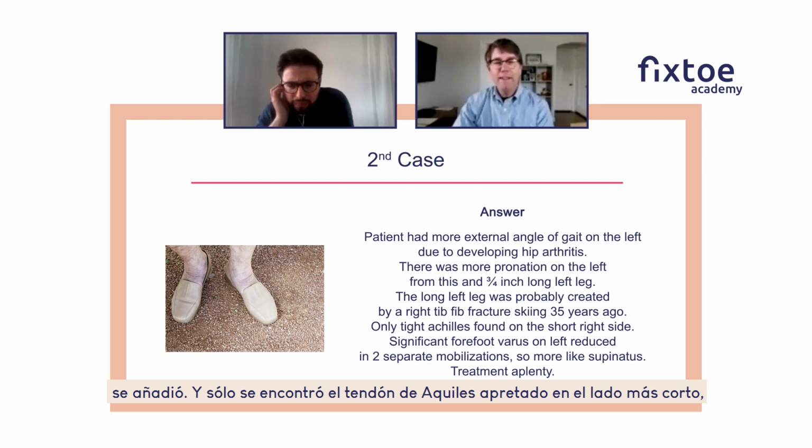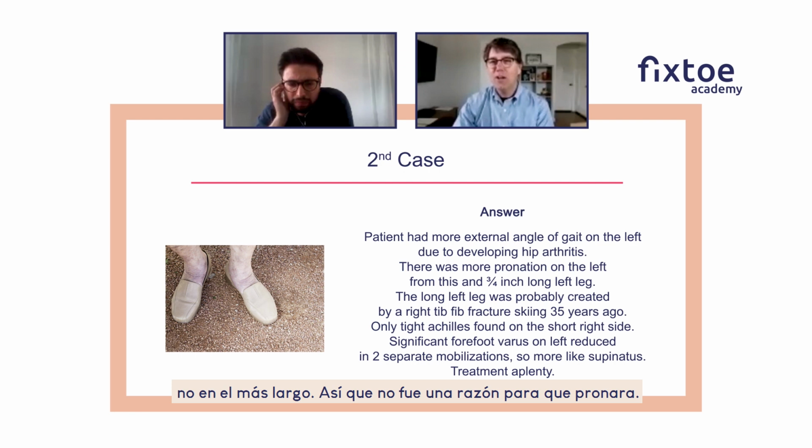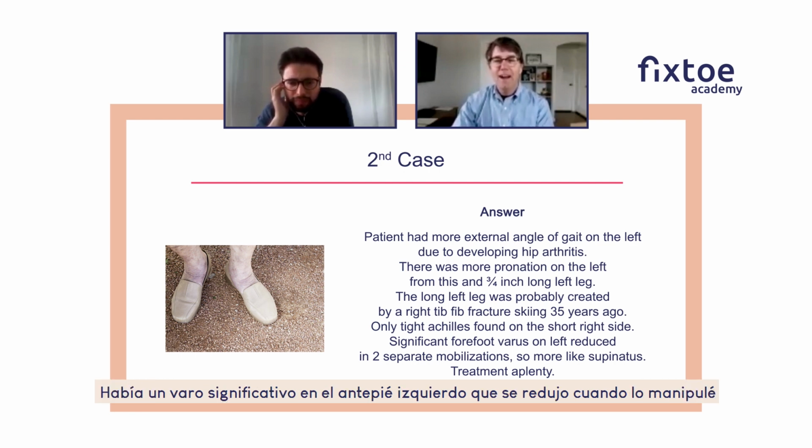And the tight Achilles tendon was found only on the shorter side, not the longer side, so it was not a reason why they pronated. There was a significant forefoot varus on the left, which was reduced when I manipulated prior to casting her foot for orthotics.